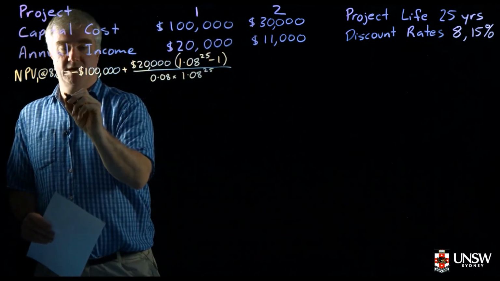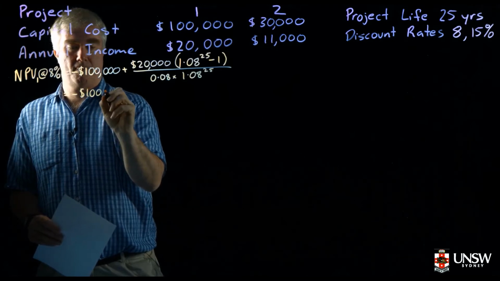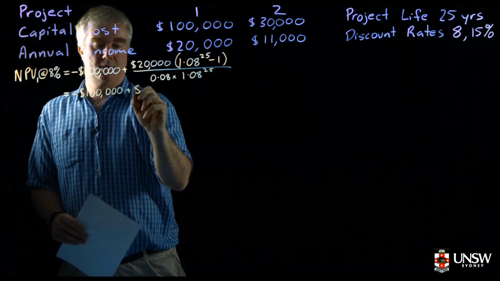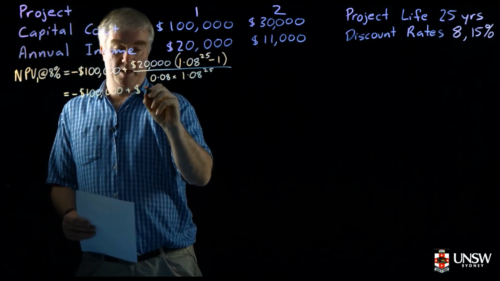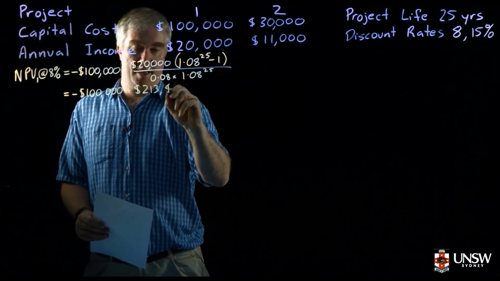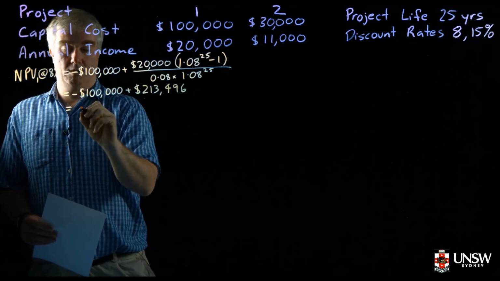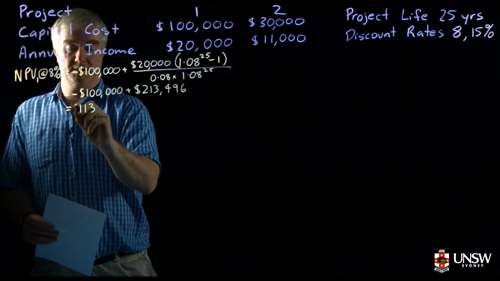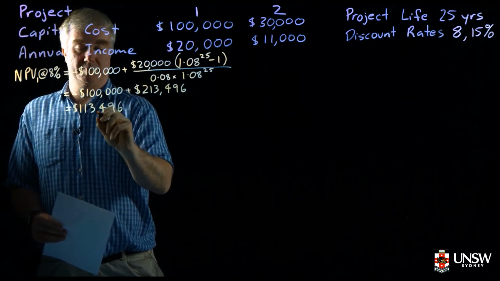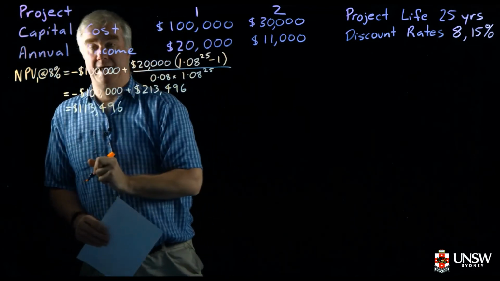So this gives us minus 100,000 plus $213,496, which gives us a grand total of $113,496. Okay, so that was project 1 at 8%.